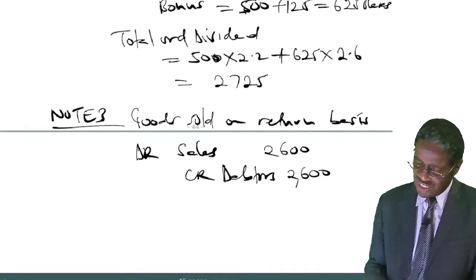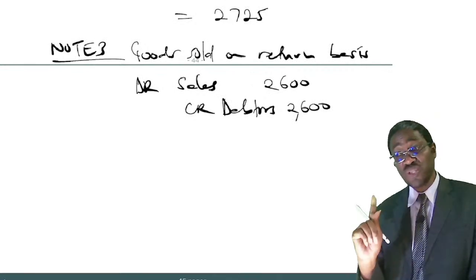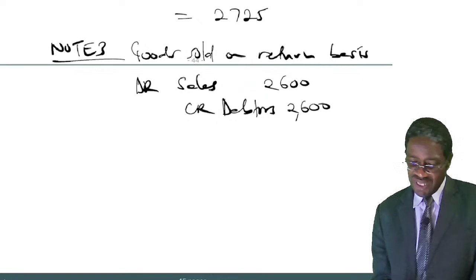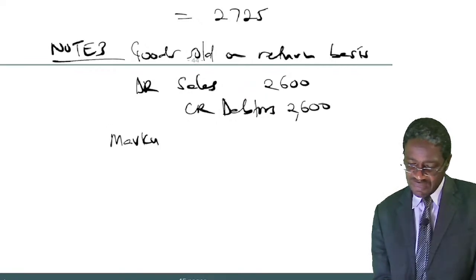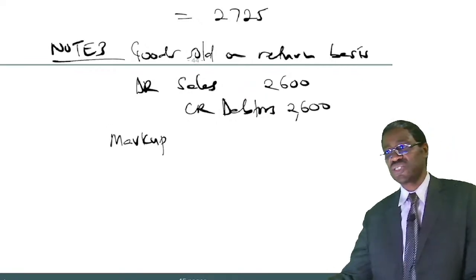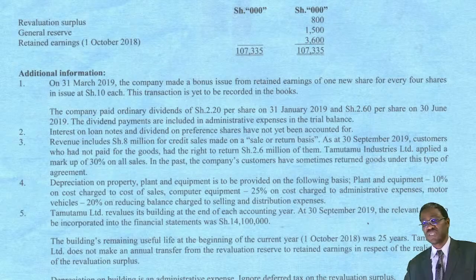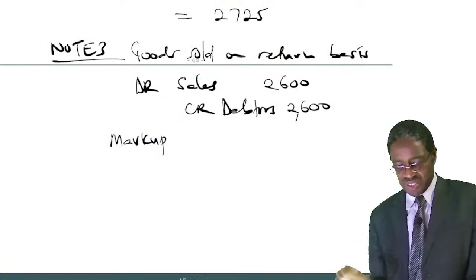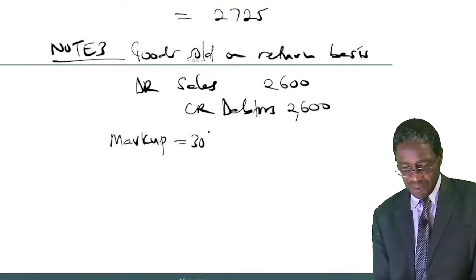Having reversed that entry, now we want to know the cost of these goods. We were given the markup as what percentage? Let me check. 30% markup. Now listen.